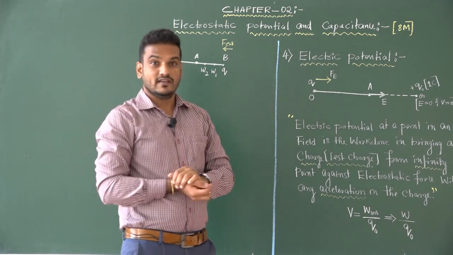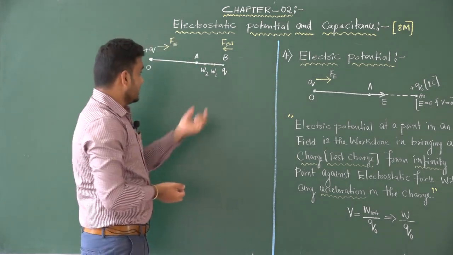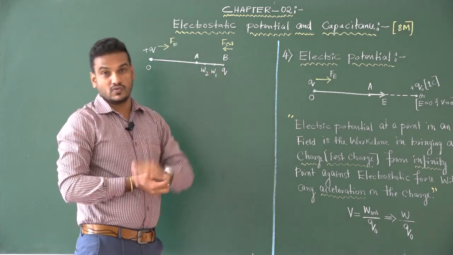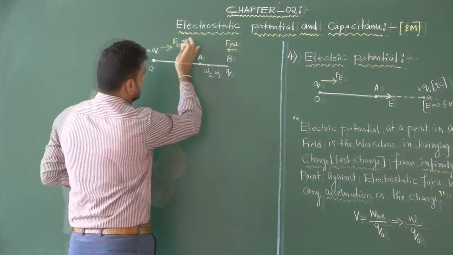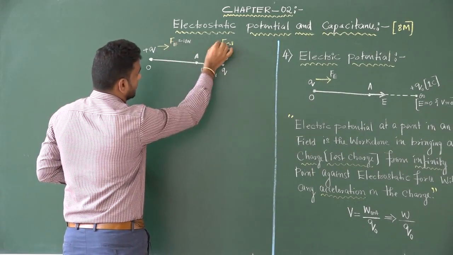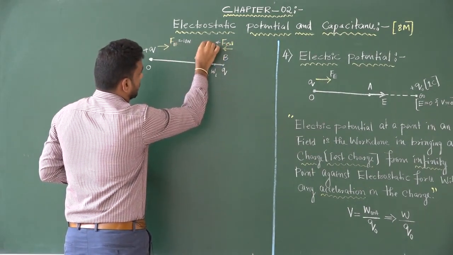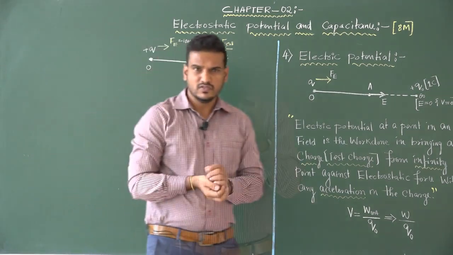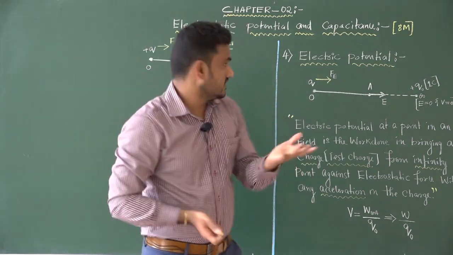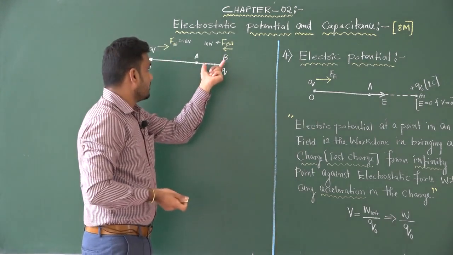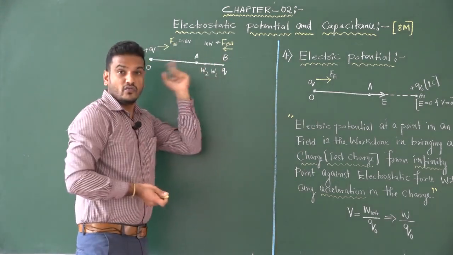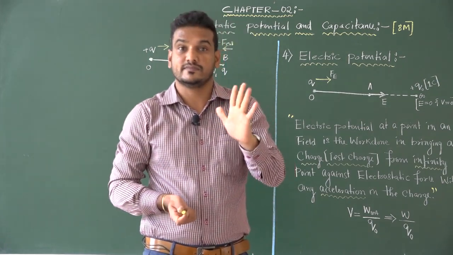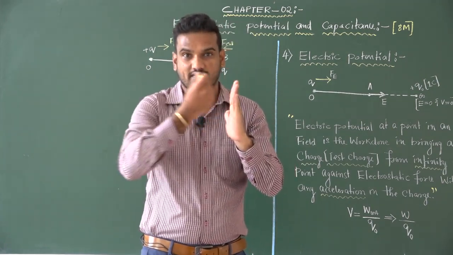And one more thing, we can notice that the acceleration of the charge is 0. Why? Because if the electrostatic force is 10 Newton, then the external force we are applying is also equal to 10 Newton. So we are doing the work to bring a charge from B to A without producing any acceleration in the charge, which means we are moving with constant velocity.